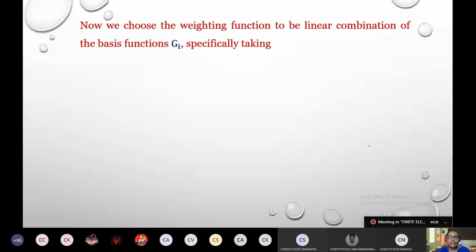Now, we choose the weighting function to be a linear combination of basis functions Gi. All right. We saw that u bar and xi are formed or constructed depending upon the same basis functions. So the unknowns in the weighting function and the governing equation, or the approximate solution u bar we get, will be related to each other.